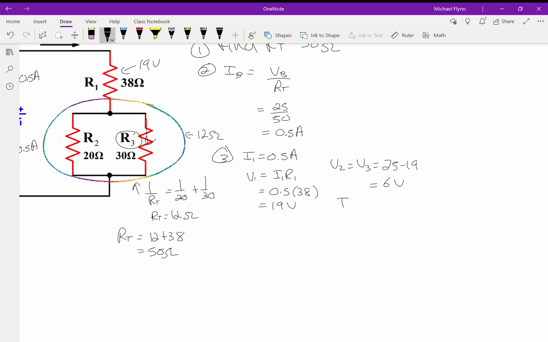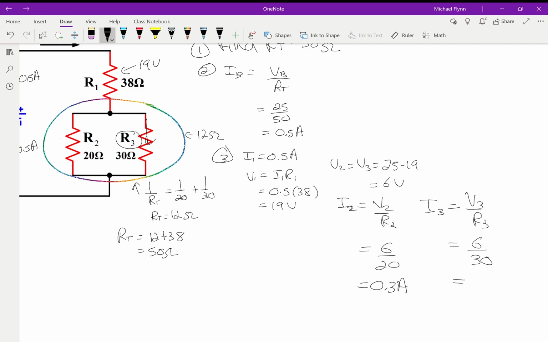Now just find the missing currents. So I2 will equal V2 over R2, which is equal to 6 over 20. What was that, 0.3? 6 divided by 20, yeah, 0.3 amps. And I3 will equal V3 over R3, which is equal to 6 over 30.